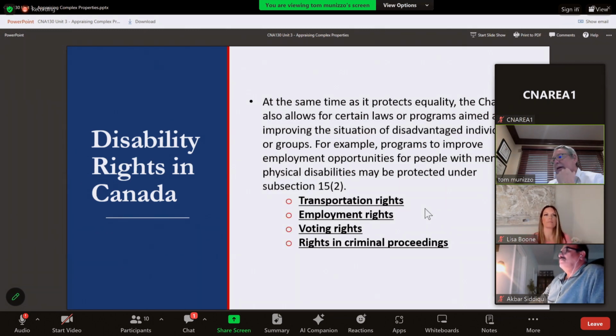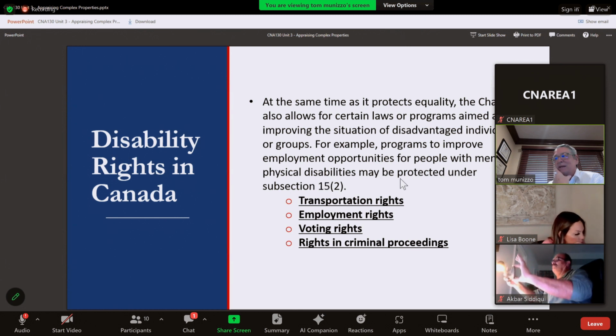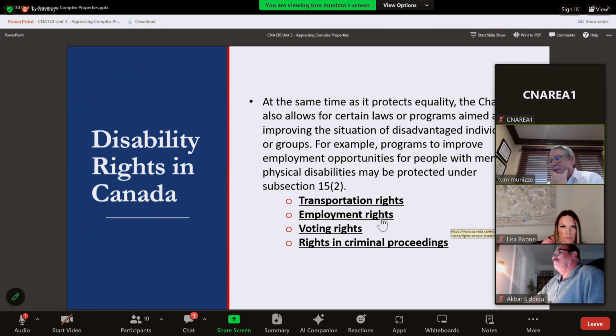All right. And then, for example, programs to improve employment opportunities for people with mental or physical disabilities may be protected under Section 15, subsection 2, for transportation, employment, voting, and rights in criminal proceedings. Now, I didn't know if you know this.